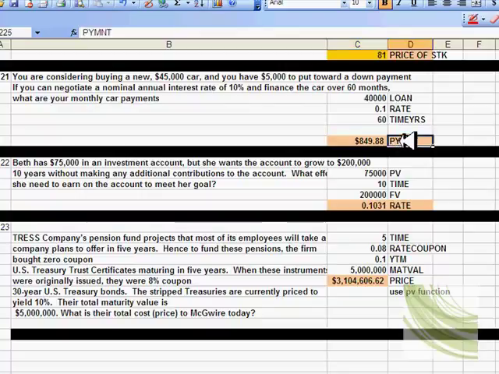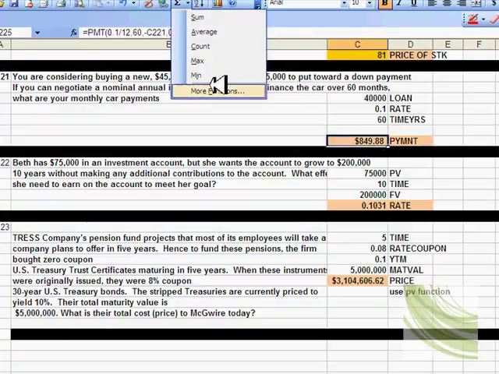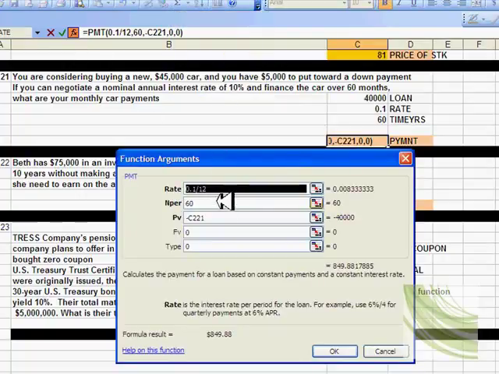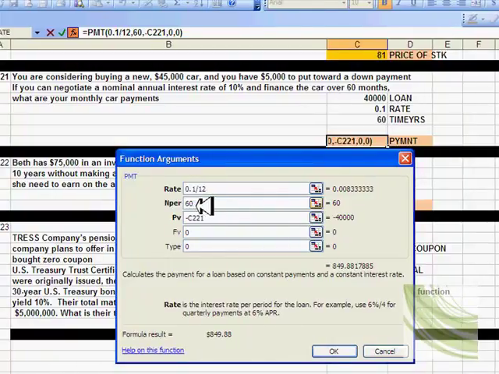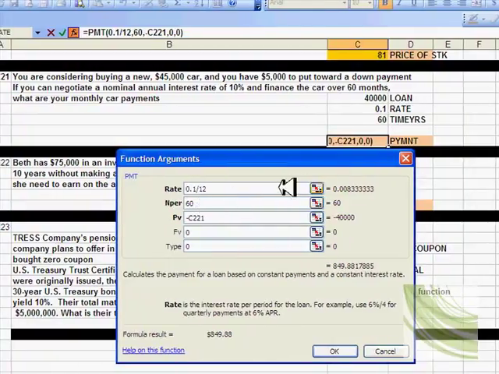So you click on the payment function in Excel, more functions. You're trying to figure out the payment. So the rate is 0.1 divided by 12, because you're finding your monthly rate here. The months are 60, and the present value is the $40,000 loan.